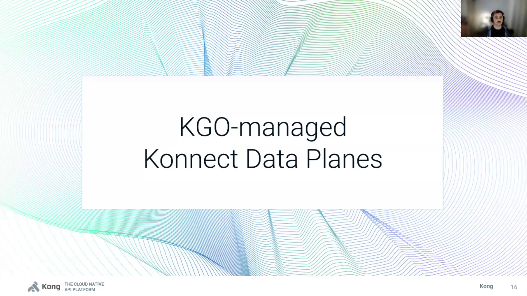Now, onto the Kong Gateway Operator. A refresher for those that do not know Kong Gateway Operator, or KGO as we often refer to it. KGO can manage your Kong data planes in your Kubernetes cluster. With a handful of simple commands, it will allow you to deploy and configure Kong gateways in your cluster with very little oversight from you.